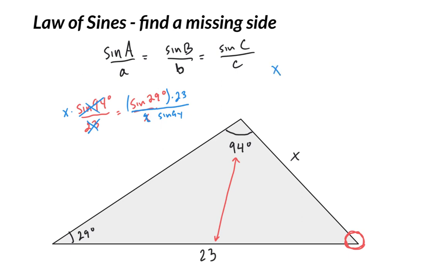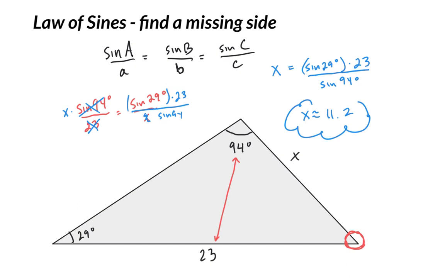So it would be x equals the sine of 29 degrees times 23 all over the sine of 94 degrees. And I typed that into my calculator, and I got an answer. x was approximately 11.2. It's 11.1778, and so on. So again, just using law of sines to find a missing side.